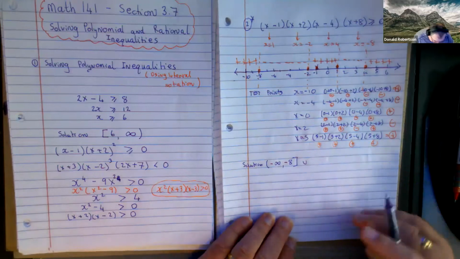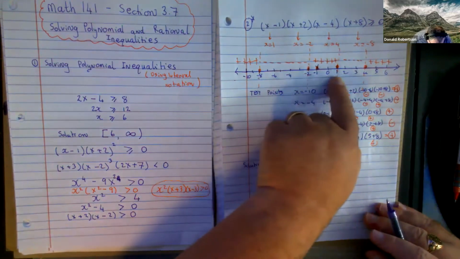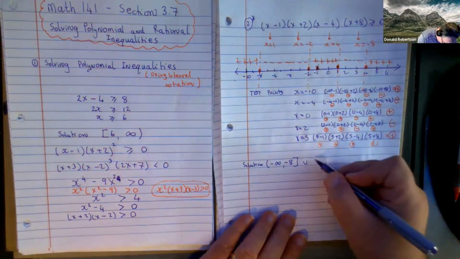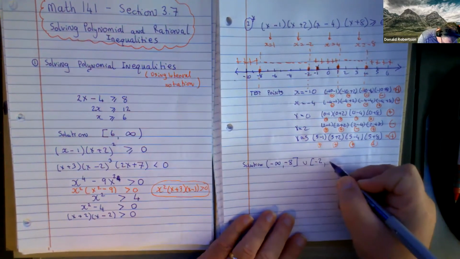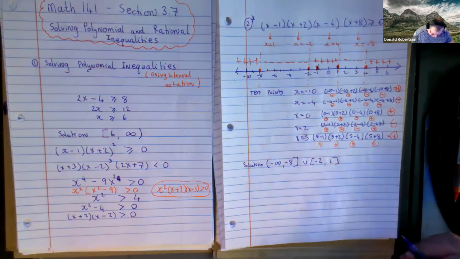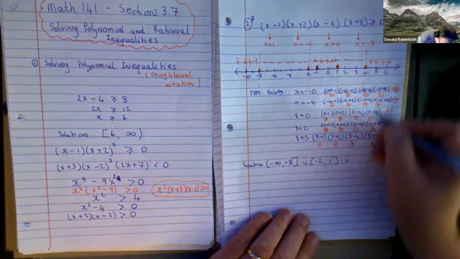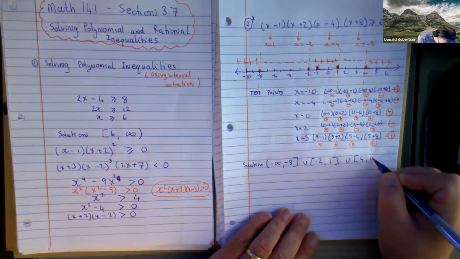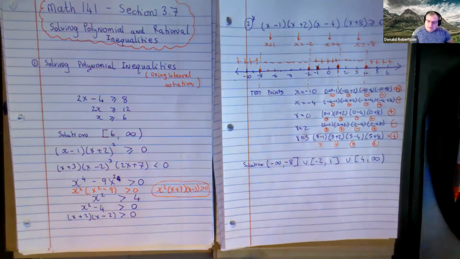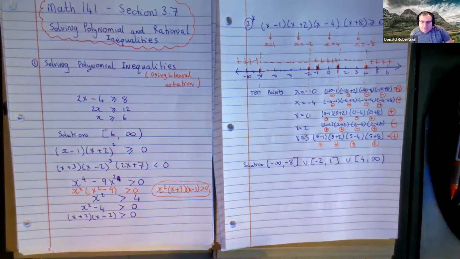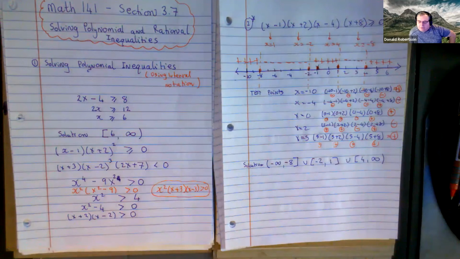Union. The next area is from x is negative 2 to x is 1. And again, you're allowed to use those two critical numbers, x is minus 2 and x is 1. And lastly, 4 and beyond. And that is essentially the solution to this polynomial inequality.